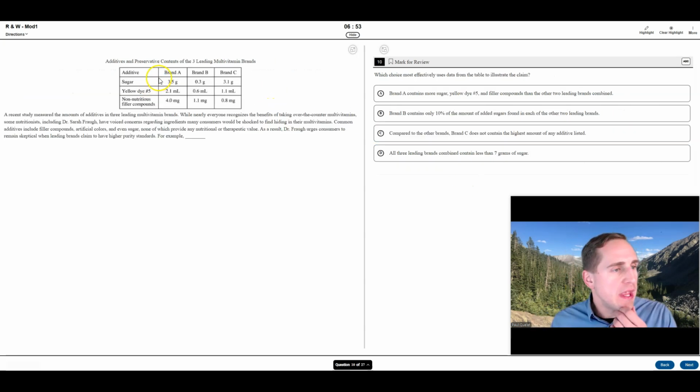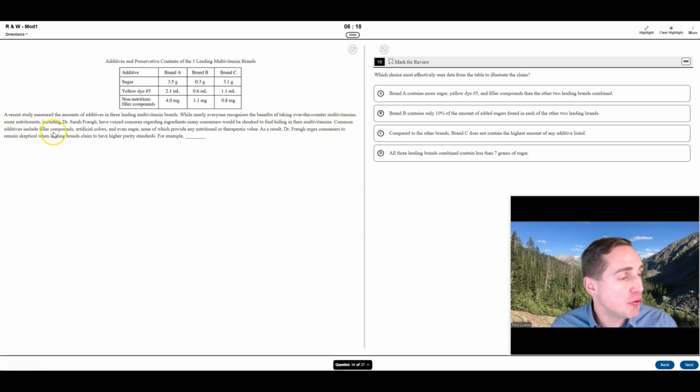Okay, so here we have brand A, brand B, brand C. Which choice most effectively uses data from the table to illustrate the claim? So we have additives of sugar, yellow dye, or non-nutritious filler compounds. A recent study measured the amounts of additives in 3 leading multivitamin brands. While nearly everyone recognizes the benefits of taking over-the-counter multivitamins, some nutritionists, including Dr. Sarah Frog, have voiced concerns regarding ingredients many consumers would be shocked to find hiding in their multivitamins.